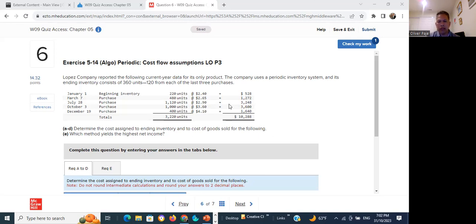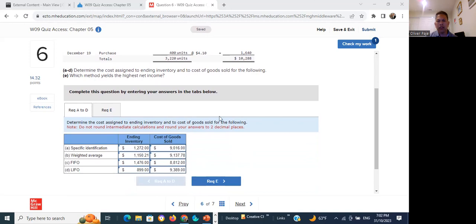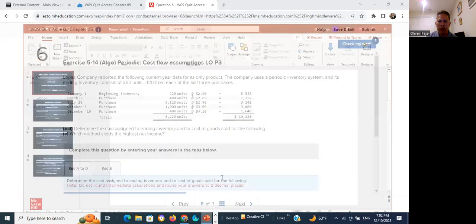The total amount of those purchases is 10,288, with a total of 3,220 units.